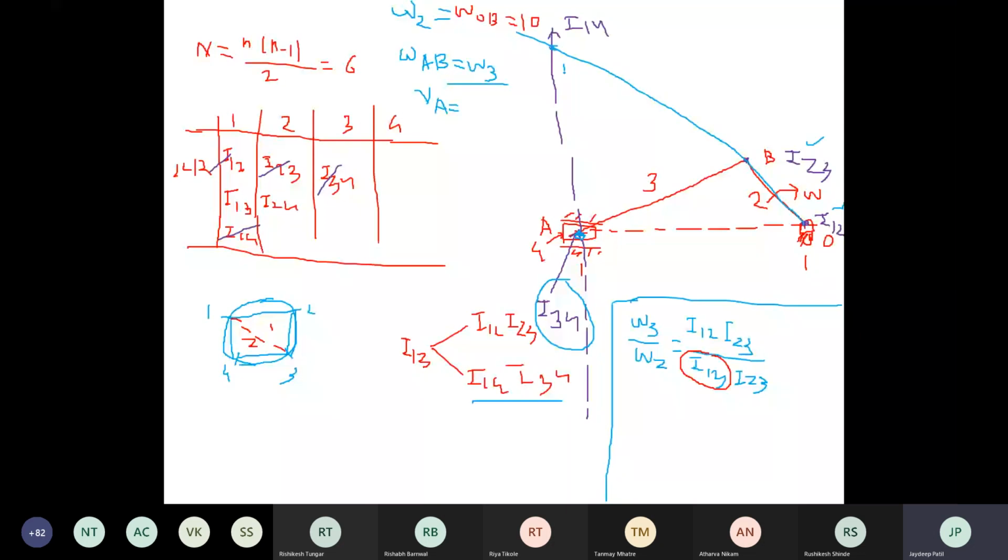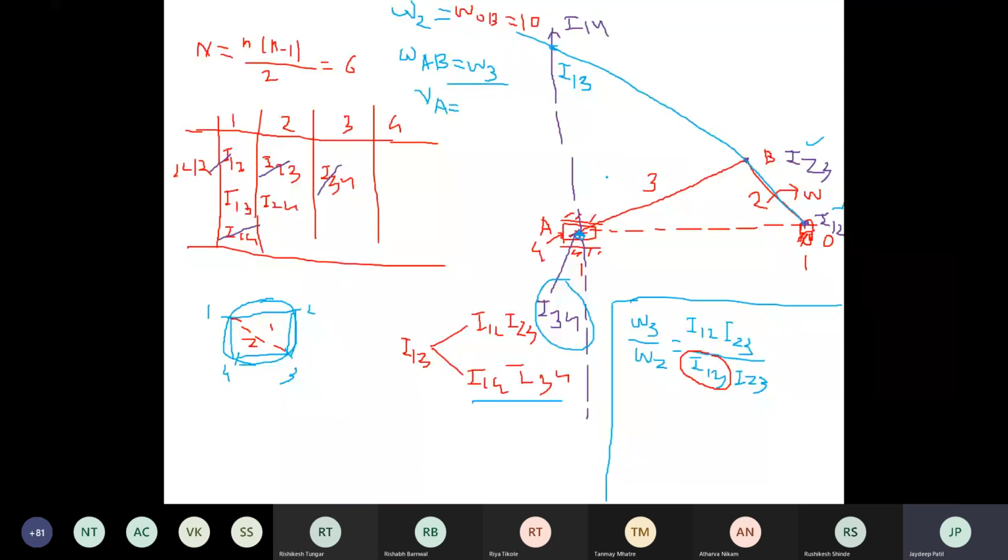Correct? Right? समझ में आया कि नहीं? Hello? I34 यहाँ पर है, at point A there is I34, और I14 क्या है?